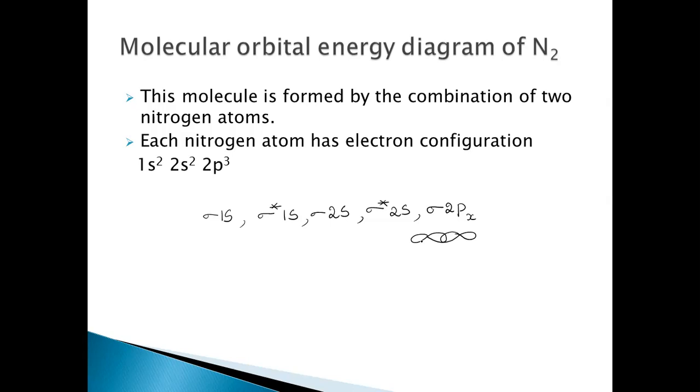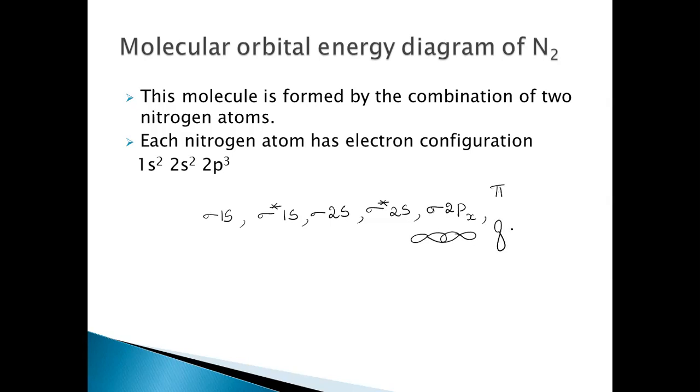So this is a sigma type of overlap, resulting in the formation of a sigma type of molecular orbital. Since this is a sigma type of overlap, it is stable, so it has less energy associated.